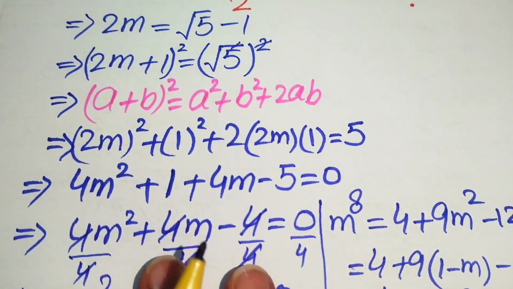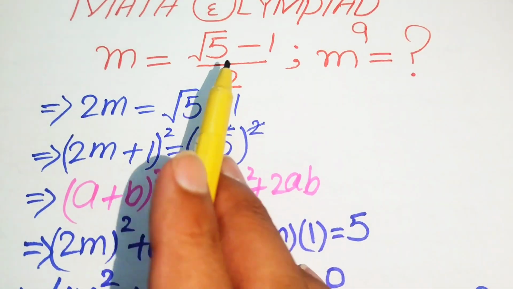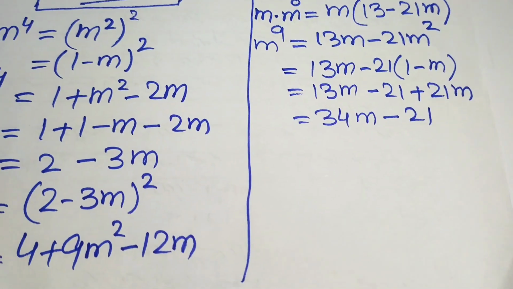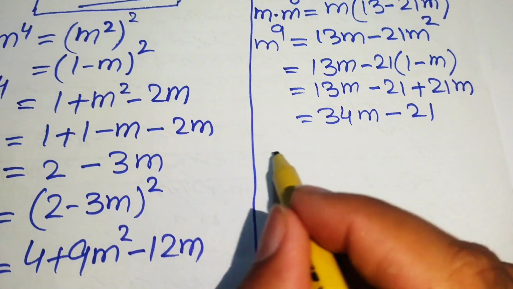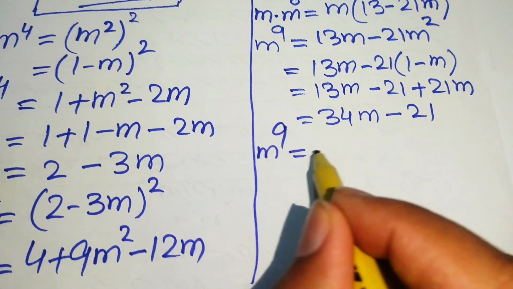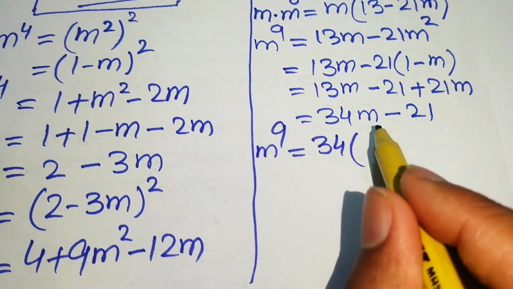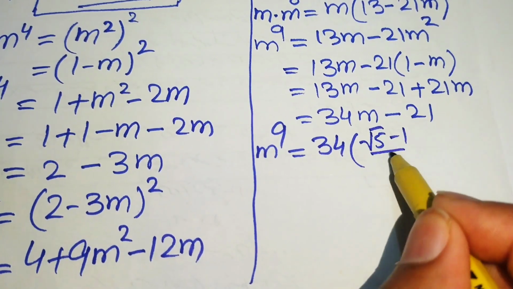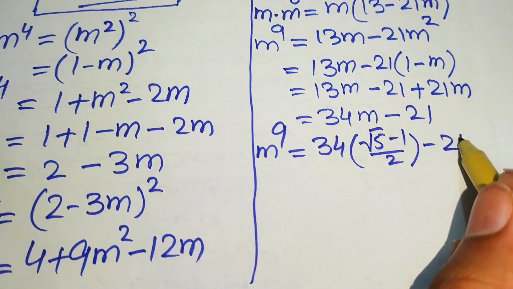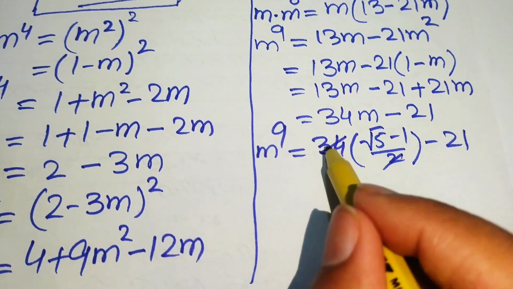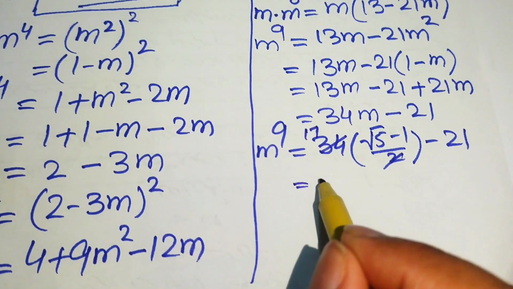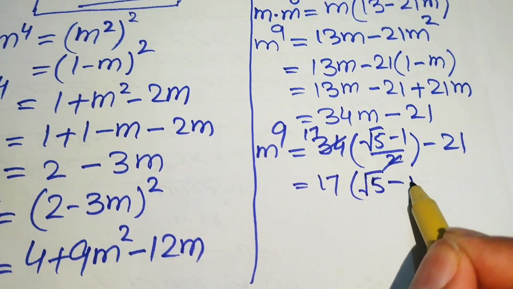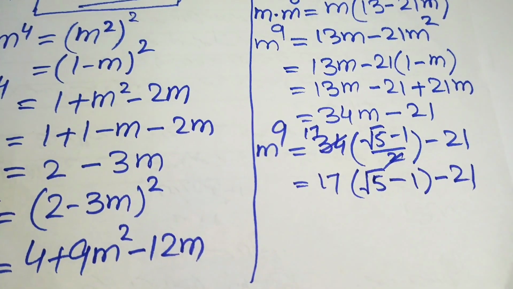Now finally we back substitute the value of m. In the start of the problem we took m equals (square root of 5 minus 1) over 2. So we back substitute this value here, and we get m to the power of 9 equals 34 times ((square root of 5 minus 1) over 2) minus 21. Here we cancel these terms, and 2 times 17 is 34, and we get 17 times (square root of 5 minus 1) minus 21.